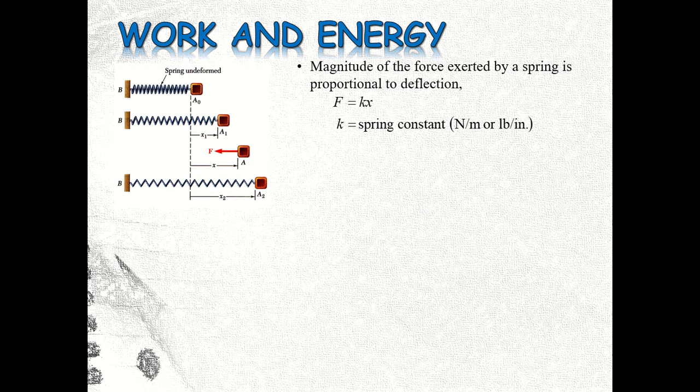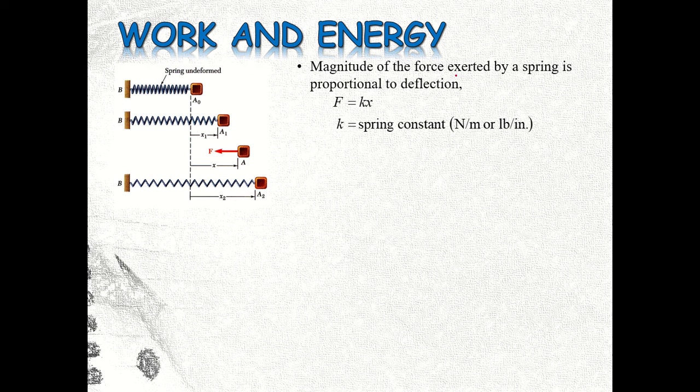Now another problem here is something about a spring. We have a spring in this position, undeformed. This is the original distance from this reference point B up to this point. So we have A sub 0, meaning there's no force applied yet.